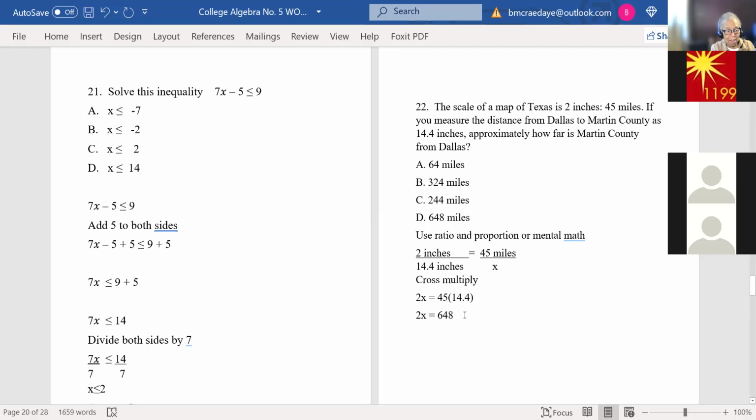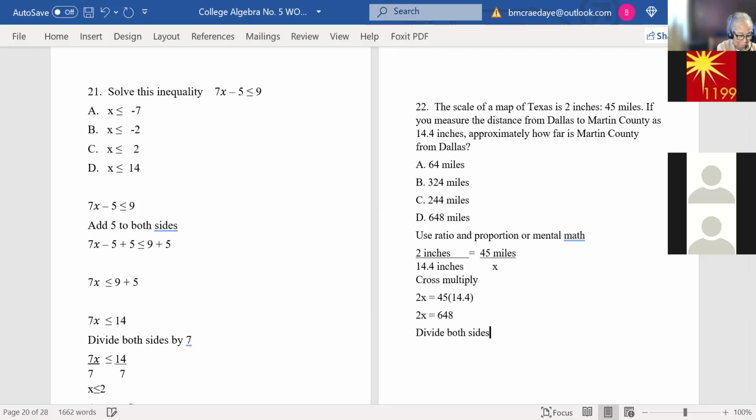So all you got to solve. How would you solve this for x? What would you do? Subtract 2 from both sides. No, 2 times x is a multiplication. Oh, divide. That's right. Divide by 2. So what's your answer? 324. That's right.